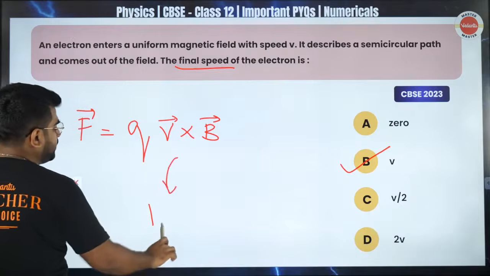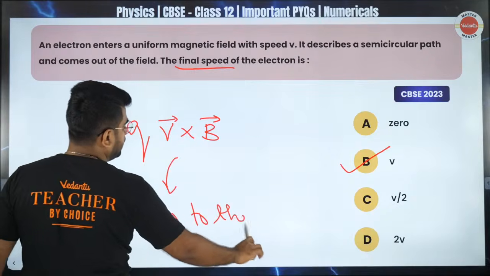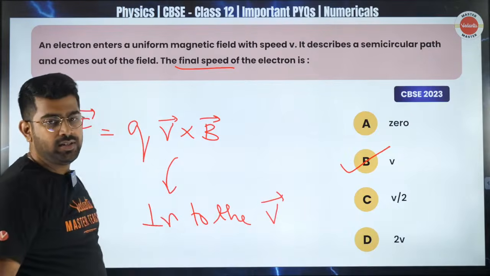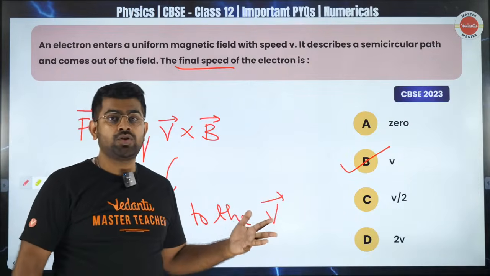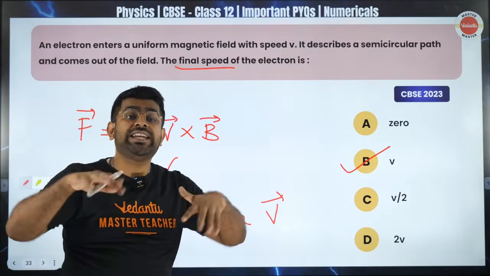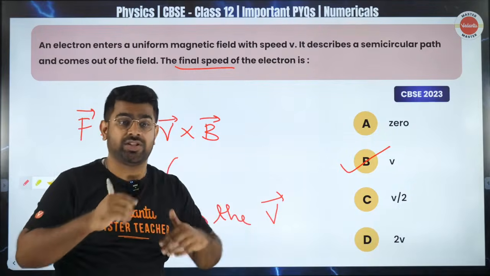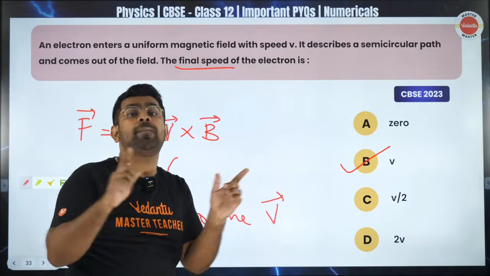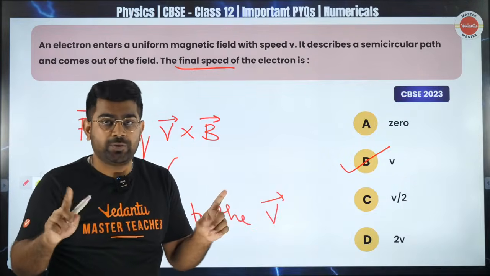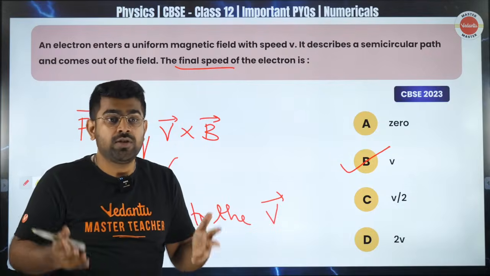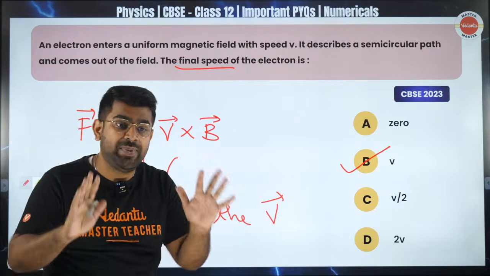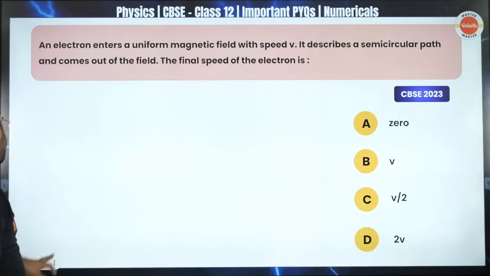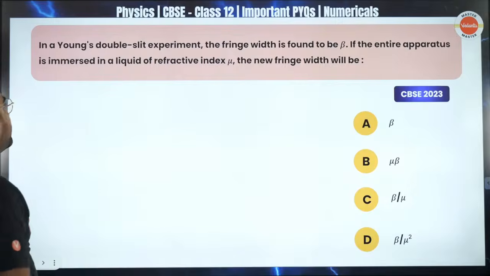So this force is perpendicular to the direction of velocity. It will not increase the velocity, it will only change the direction. Speed means the magnitude of velocity, so the magnitude will not change. Only the direction will change. So the speed will remain the same. That's the right answer. Next question.